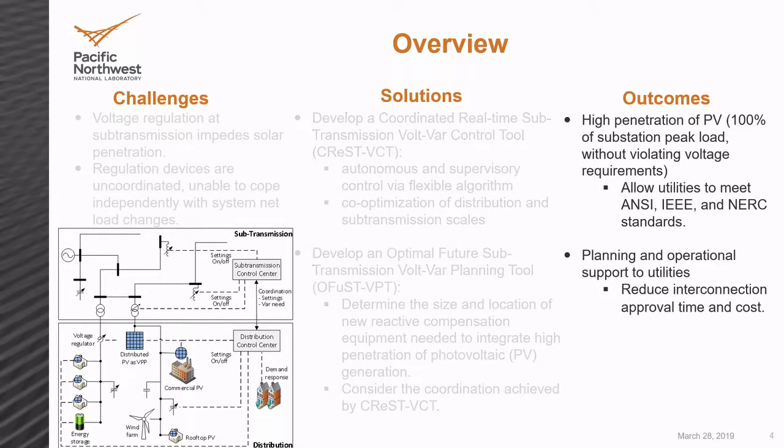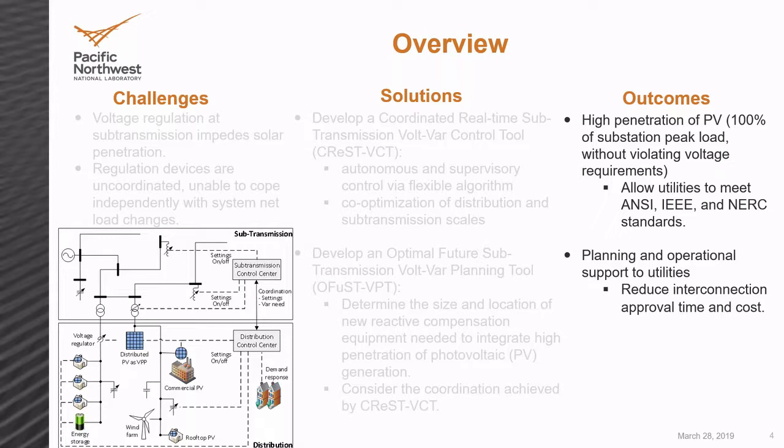And the outcome, if we have this operation and planning tool, is that the ultimate goal is to enable higher penetration of PV or distributed PV, up to 100% of the substation peak load, without violating voltage standards, which are the NERC standard on the transmission level, or ANSI or IEEE standard on the distribution level.